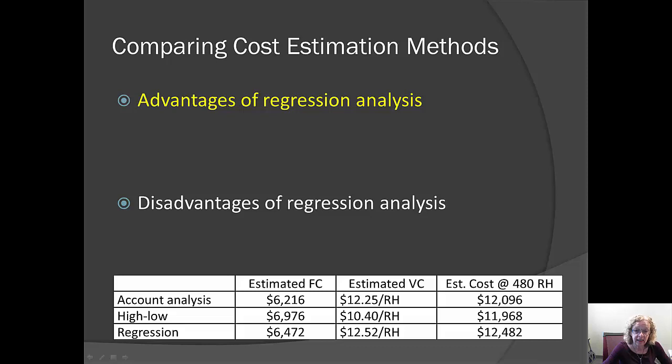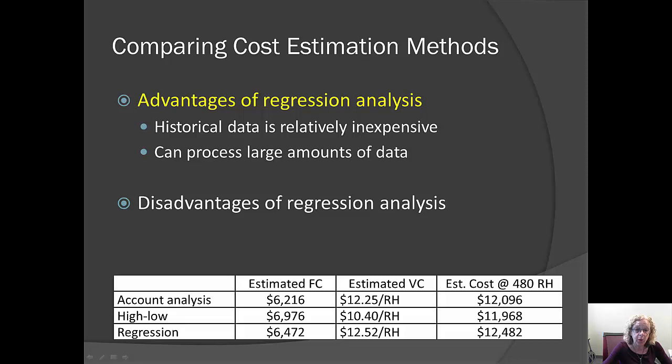Regression analysis is a powerful analytical technique, and if you become familiar with how to do regression analysis through Excel, it can be very helpful to you. Number one, we already have the data, so doing the regression is not that difficult.